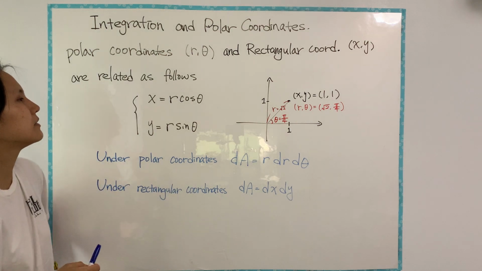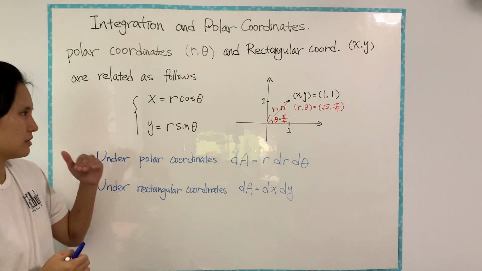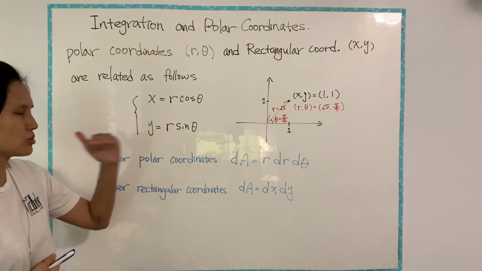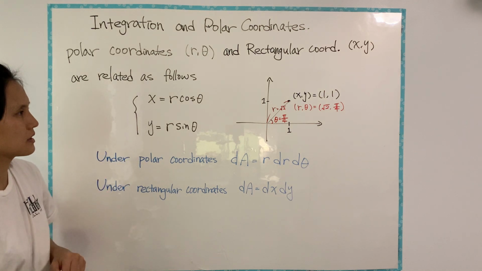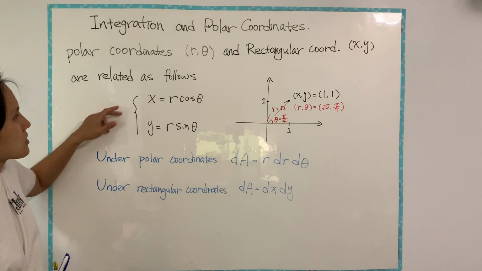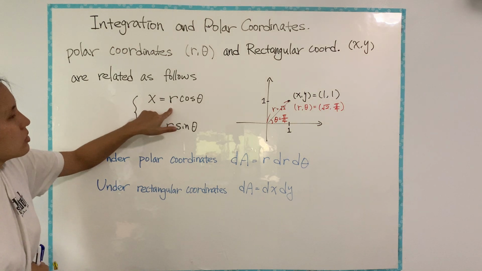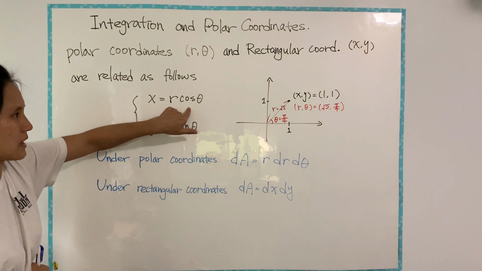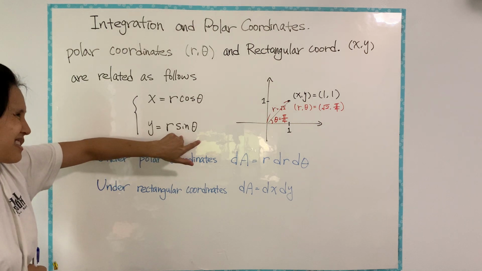These two coordinate systems are related through these equations. The x coordinate equals the radius r times cosine theta, and y equals r sine theta.